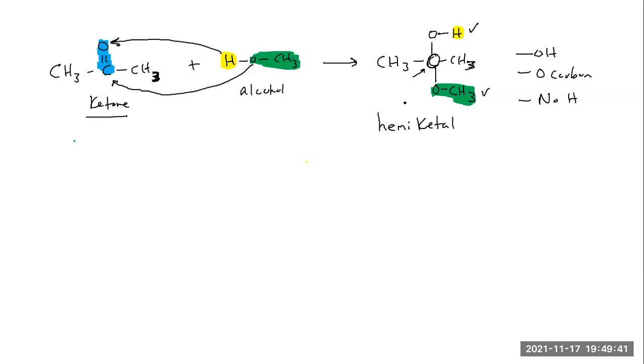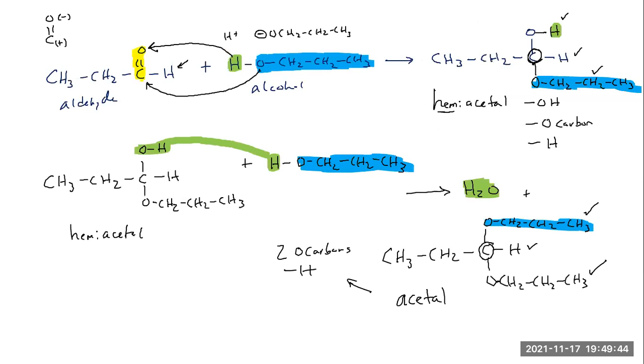Just to give you a reference point, if we go back to our hemiacetal, there is a hydrogen there because it came from the aldehyde that you started with. So if you see a hydrogen in this sort of hemiacetal, you know you started with an aldehyde because that hydrogen carries across.